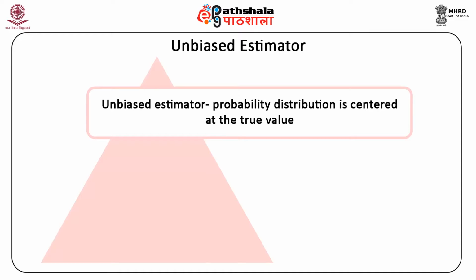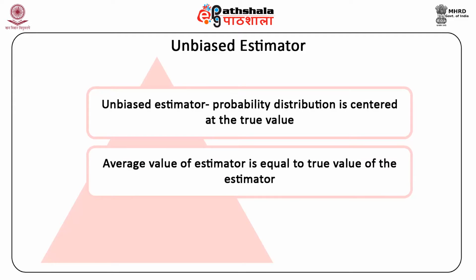An estimator is said to be unbiased if its sampling or probability distribution is centered at the true value of the population parameter. That is to say that the average value of the estimator in repeated sampling is equal to the true value of the population parameter. More precisely, the expectation E of theta hat is equal to theta.